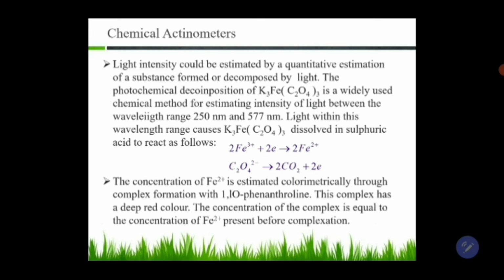This complex has a deep red color. The concentration of the complex is equal to the concentration of the Fe2+ present before the complexation, and the concentration of the complex is determined depending on the color exhibited by the complex.